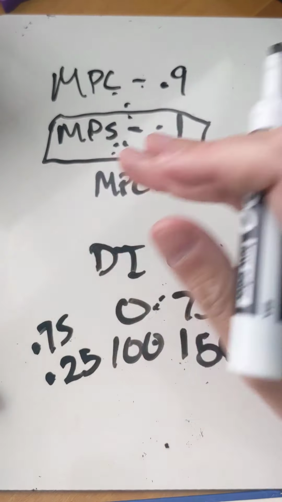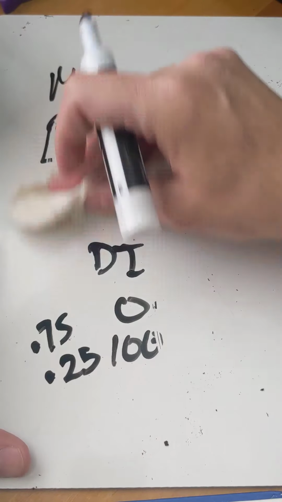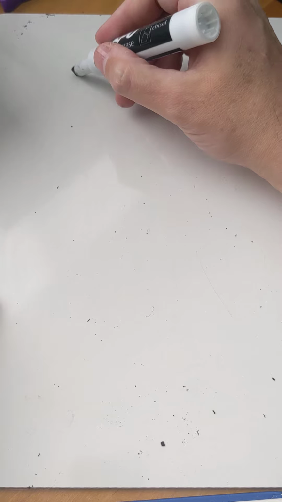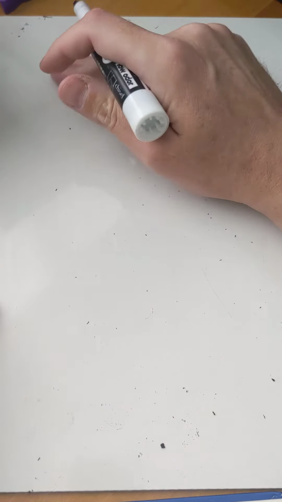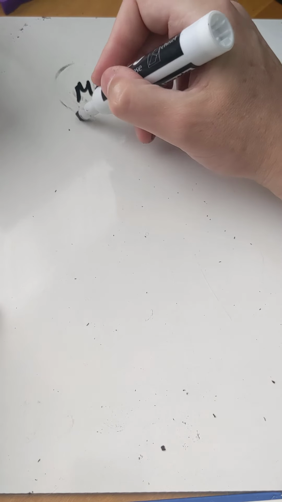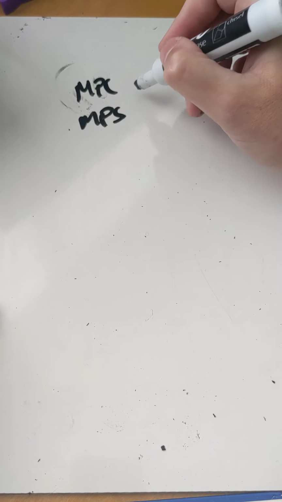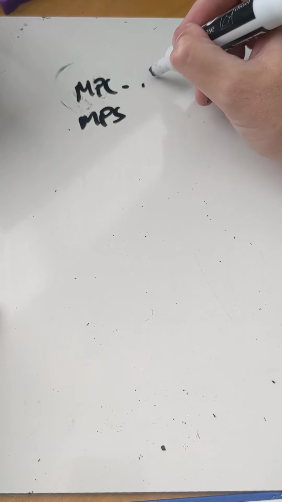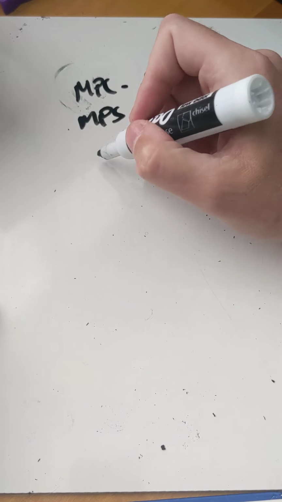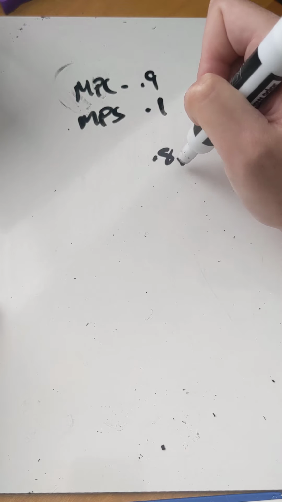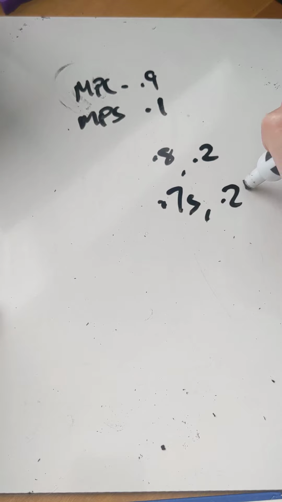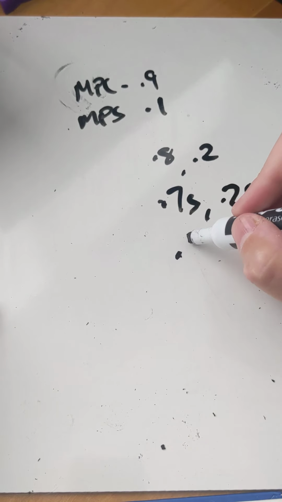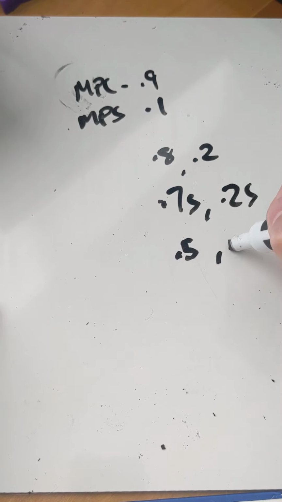It's worth noting for this class, for the AP test, for whatever, the MPSs and MPCs you're going to see most frequently are going to be 0.9 and 0.1, 0.8, 0.2, 0.75 and 0.25, and then 0.5, maybe, which would make this 0.5.